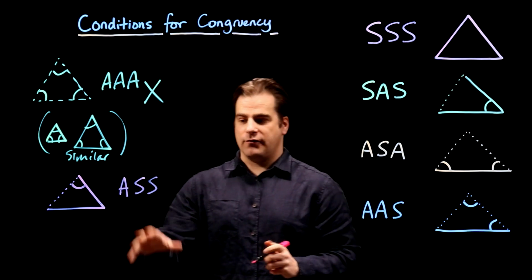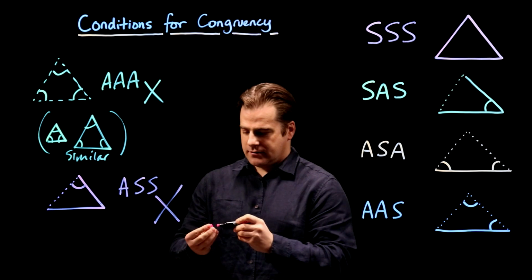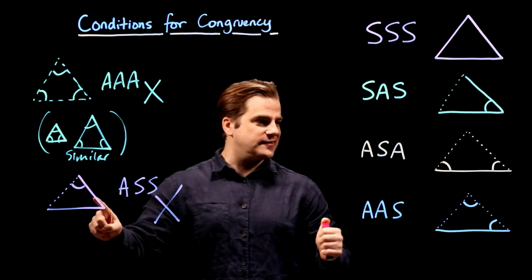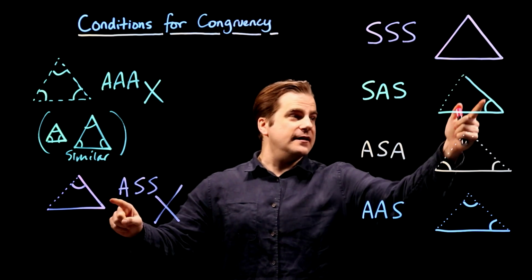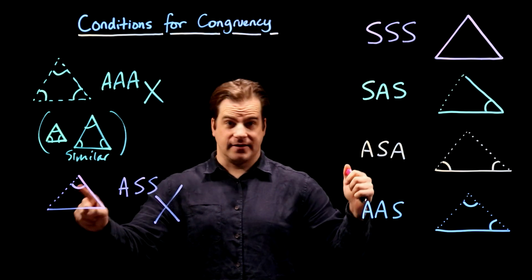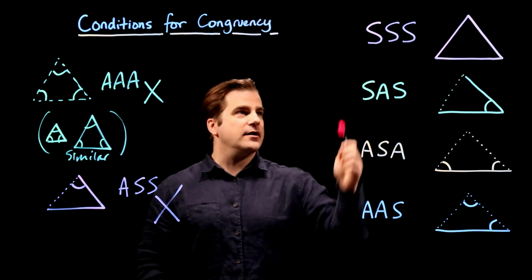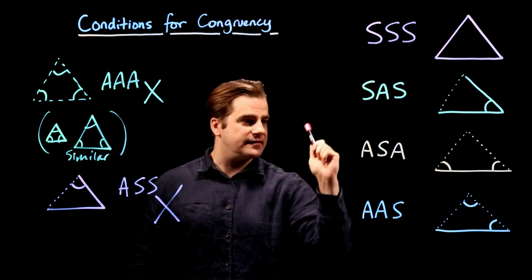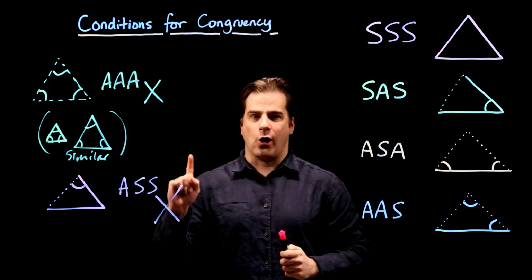That is not enough for congruency, okay? Be careful. Don't fall into that trap. You see that ASS is different to SAS. The angle here is in between the 2 sides that you know, whereas here it isn't, okay? So, there you go. Conditions for congruent triangles, SSS, SAS, ASA, and AAS, not AAA or ASS.